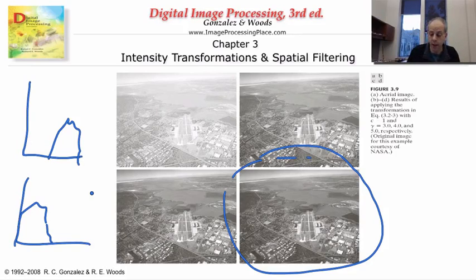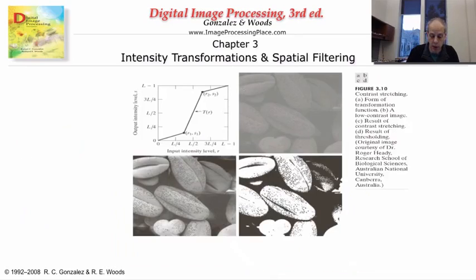Again, a very, very simple operation. There is a lot of art in designing these operations, but with experience, we understand what we need to do. Here is yet another example of this stretching of the pixel values.